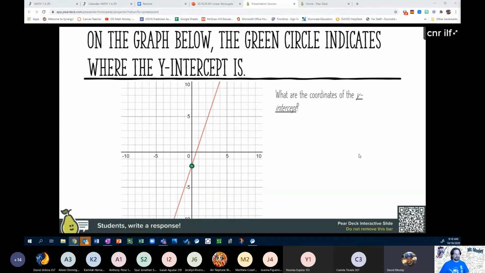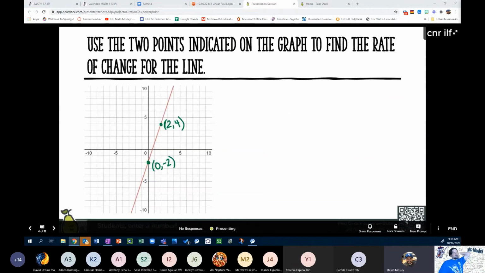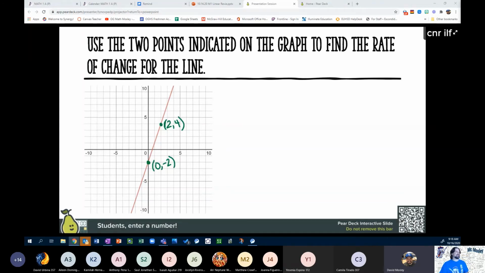We have an x value of 0 and a y value of -2. I think we have that here on our next slide.